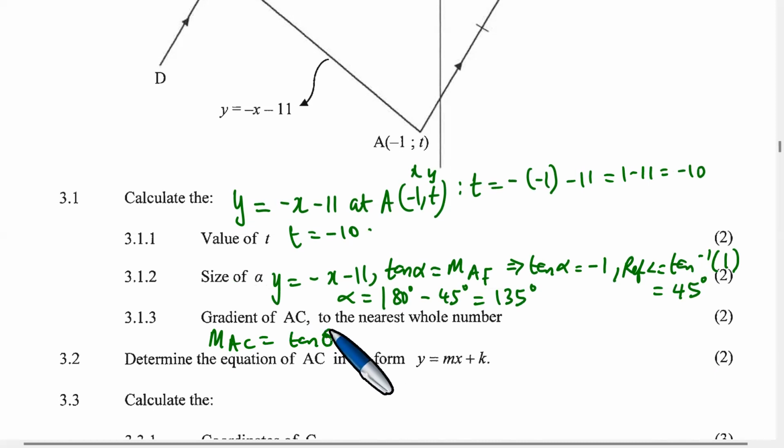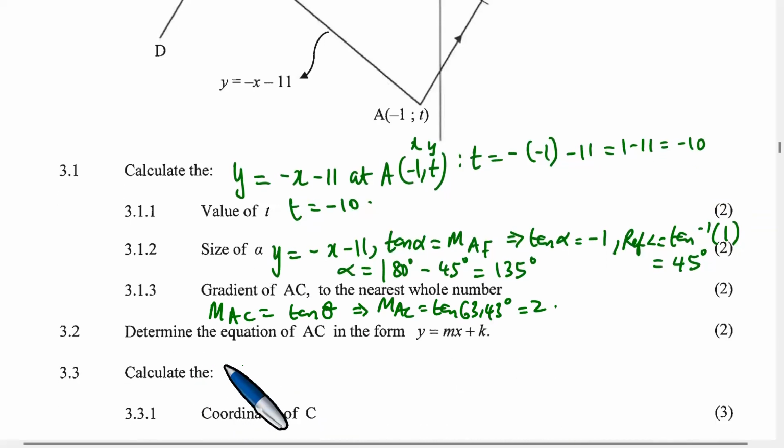Normally we use the angle theta, and this means that the gradient of AC is the tangent of 63.43 degrees. And therefore, what is this one? It is actually equal to 2. And therefore, the gradient of the line AC equals 2.